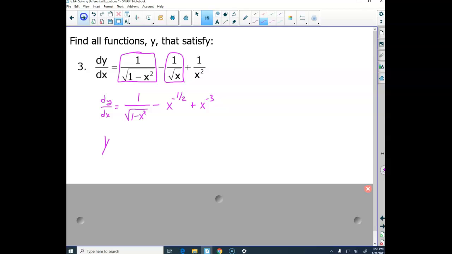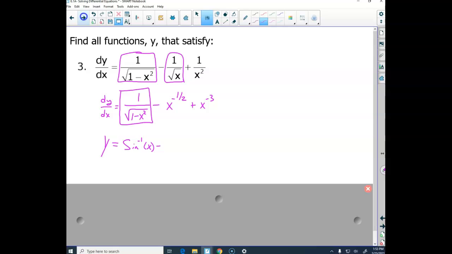Okay, so my y is going to be, if you're looking on that sheet that I had in the beginning, hopefully you printed it off, you're going to be able to cross-reference this to an inverse sine. It's not an inverse cosine because the inverse cosine should have a negative 1 on top, okay? So this is going to be the inverse sine of x minus, well, what do we got here?